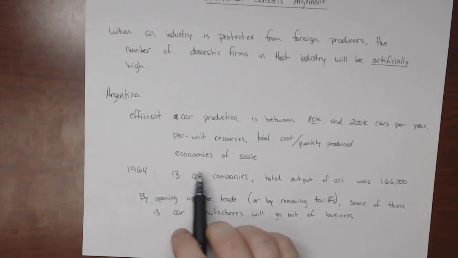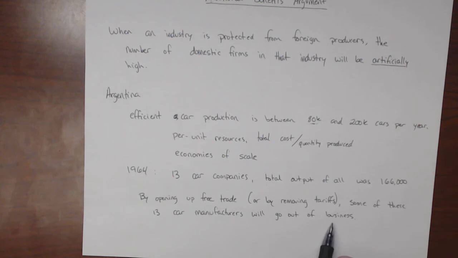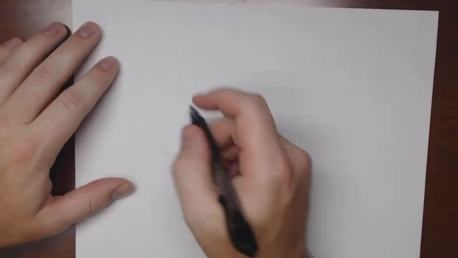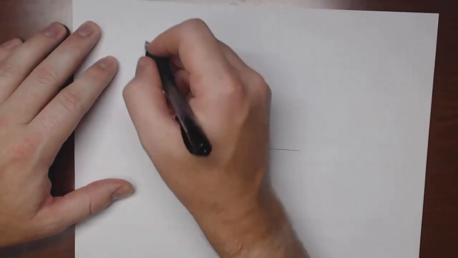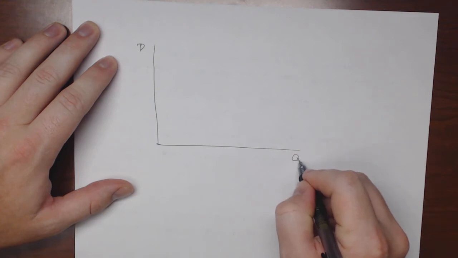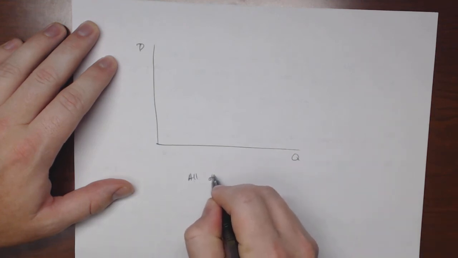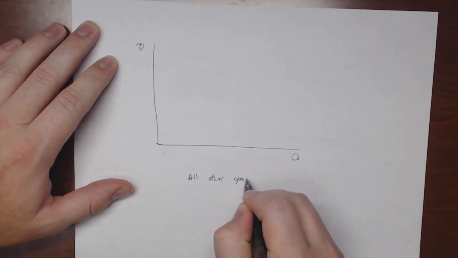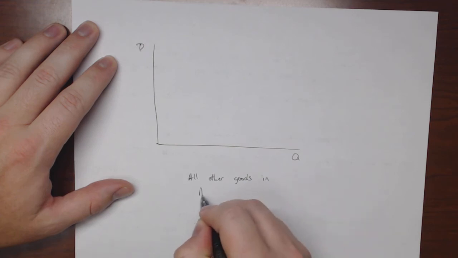And the people that worked at these car companies that go out of business will be freed up to go do other things and produce other goods, so let's say this will be all other goods in Argentina.